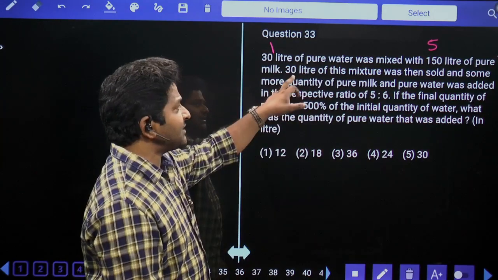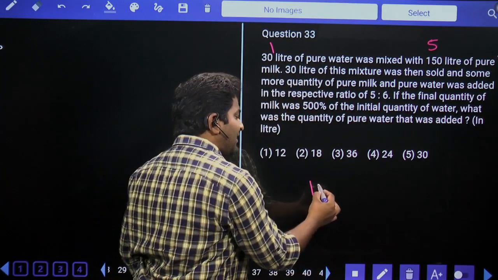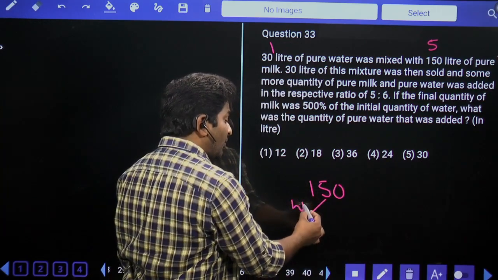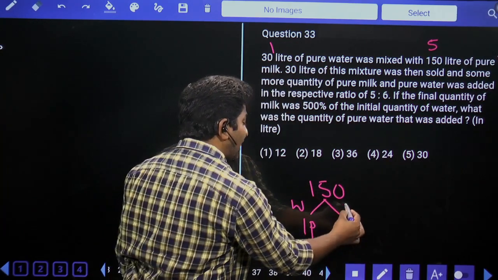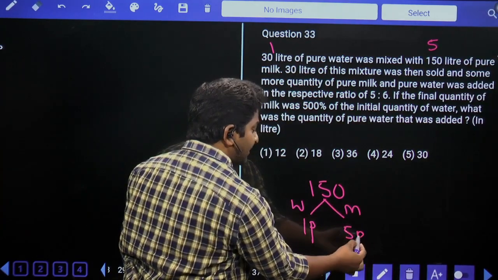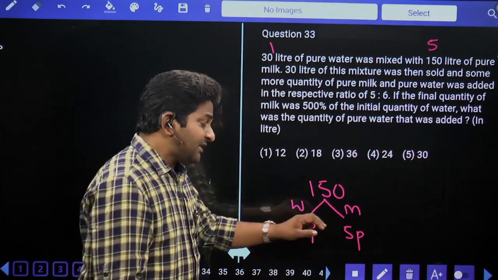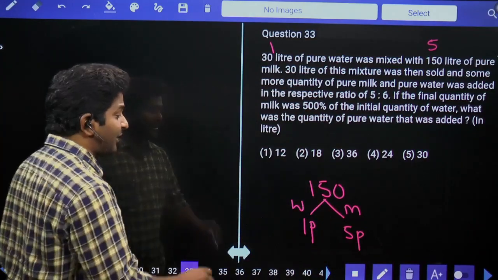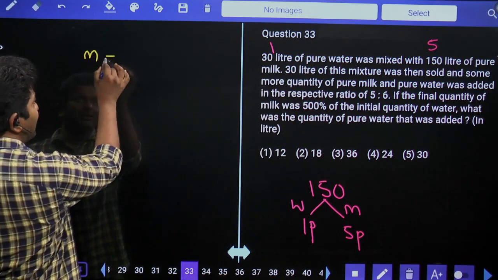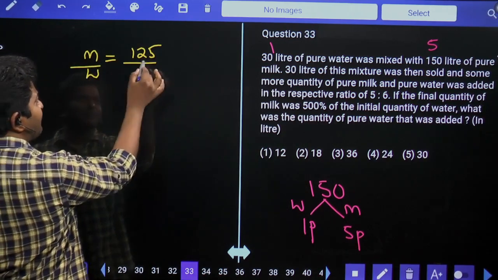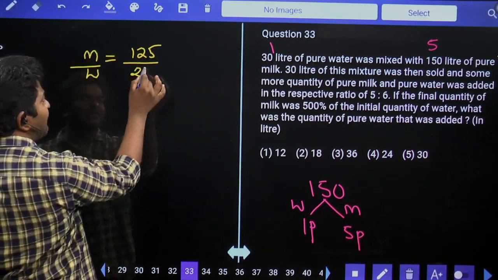Out of 180 liters, if 30 liters is taken out, remaining is 150. Even in 150 liters, water is going to be 1 part and milk is going to be 5 parts. That is total 6 parts we have. 150 is equal to 6 parts, then 1 part is equal to 25. Milk is equal to 5 parts, that is 125 liters. And water is 1 part, that is equal to 25 liters.